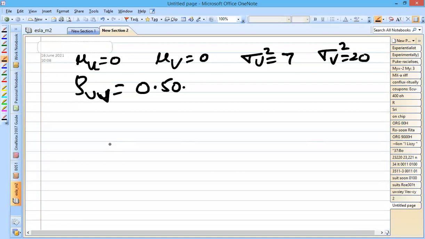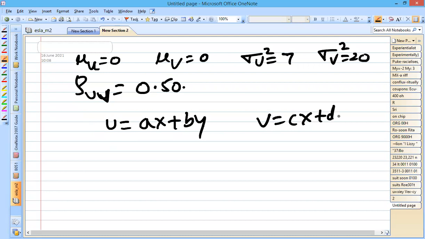So given this, we are asked to specify the uncorrelated random variables x and y. So for that, as I told, the transformation function is defined by u is equal to ax plus by and v is given by cx plus dy. So first note down this transformation function.